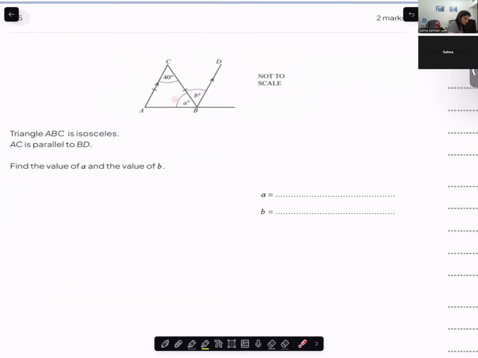First thing I can see over here is a Z. If I can see a Z, that means these are alternate angles. If these are alternate angles, angle A will be 40 degrees. Now how about angle B? Let me check.